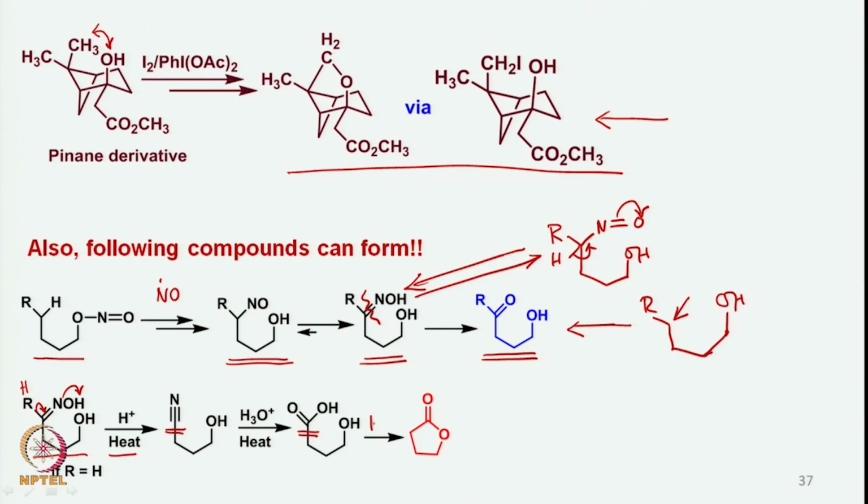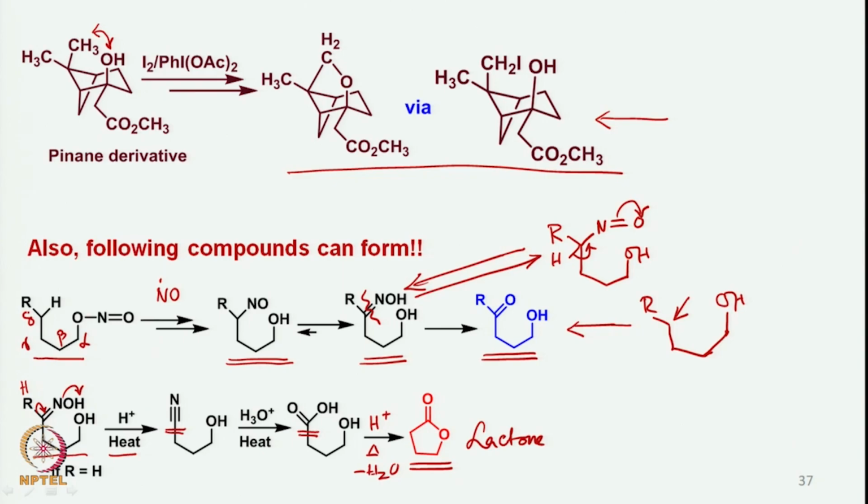Then if we use acid here and heat it and remove water, one can get the corresponding lactone. So even lactone formation can take place. You have several such possibilities depending on the structure of the starting molecule. So you can get delta functionalization, as I mentioned: alpha, beta, gamma and delta, a functionalization at the delta position.